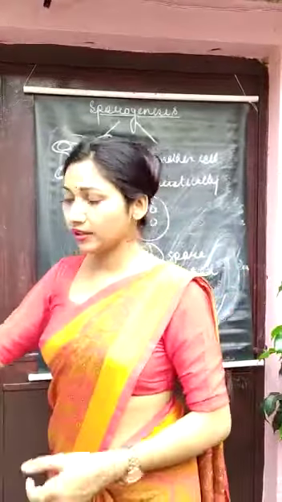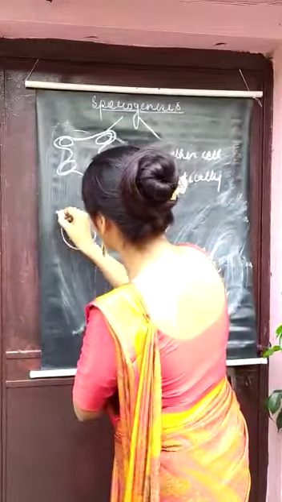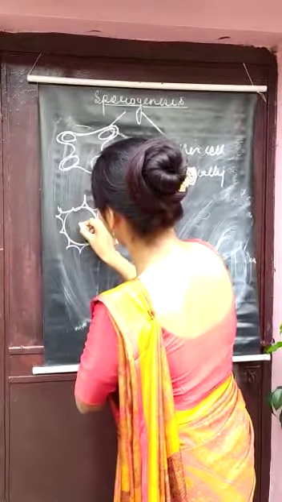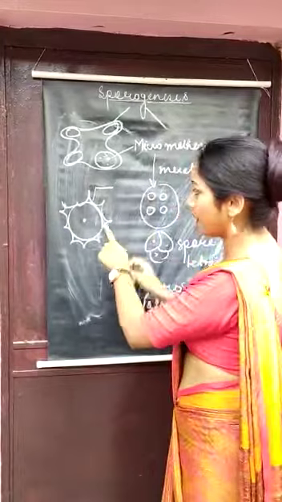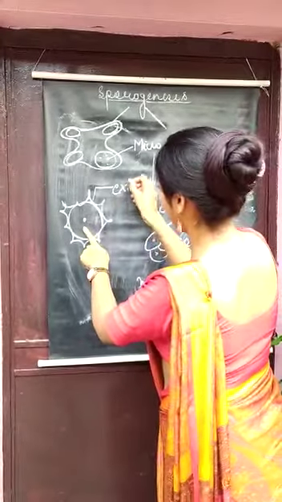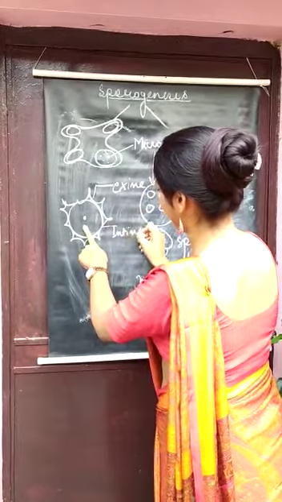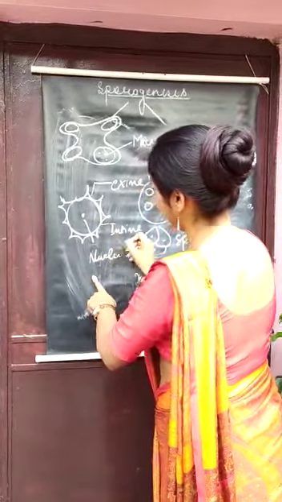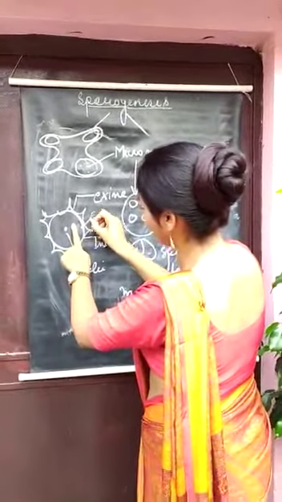Now I will show you the typical structure of a pollen grain. Here 2 layers are found. The outer one is called exine, the inner one is called intine, and here one nucleus is also present, and here is the germ pore.